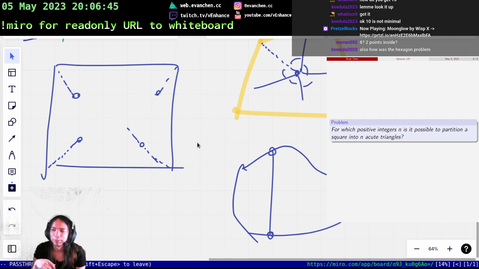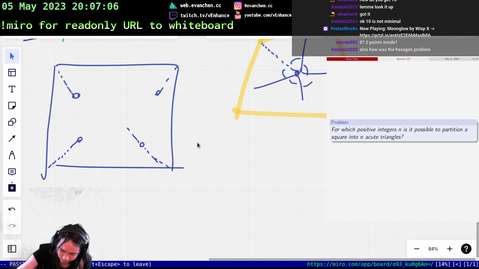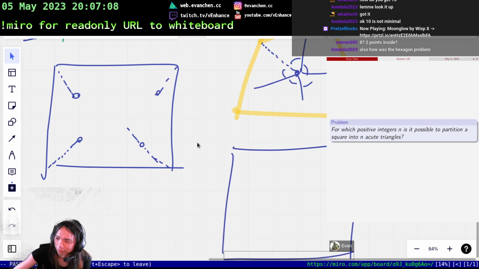Or actually there might be triangles. Oh, that's actually really annoying. Okay, so for our starting square, all right, we have a square again.